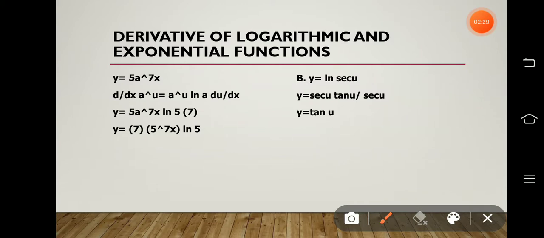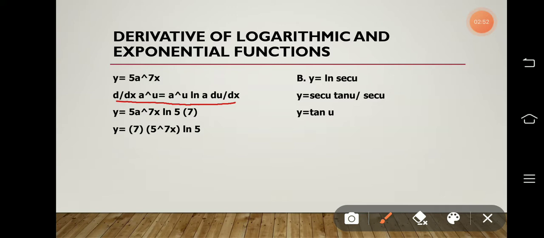Okay, let's go to derivative of logarithmic and exponential function. The given here is y equals 5 raised to 7x. The formula here is d over dx a raised to u equals a raised to u ln a du over dx.